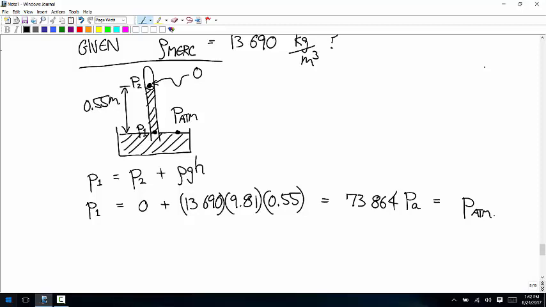Anybody have a feel for how that compares to sea level atmospheric pressure? The pressure at sea level is about 1.01 times 10 to the fifth pascals, so like 101,000 pascals. So this is lower pressure than at sea level.